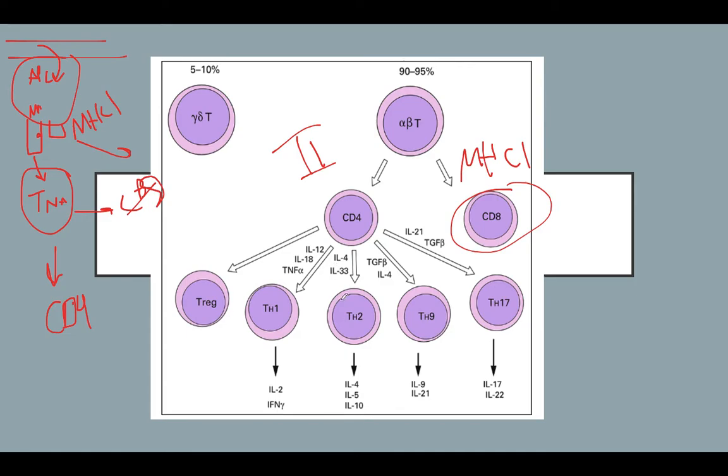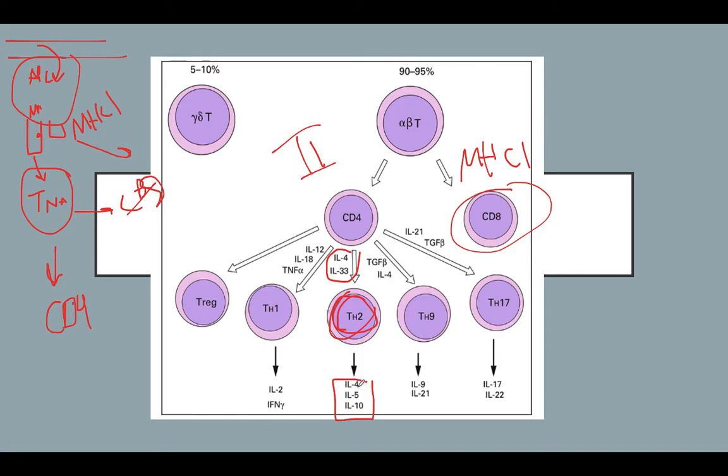Let's say the CD4 has been secreting interleukin 4 and interleukin 33. In this case, we will get Th2, the T helper 2 cell, which encounters the antigen via MHC2. This cell is important because it will secrete interleukin 4, 5, and 10.